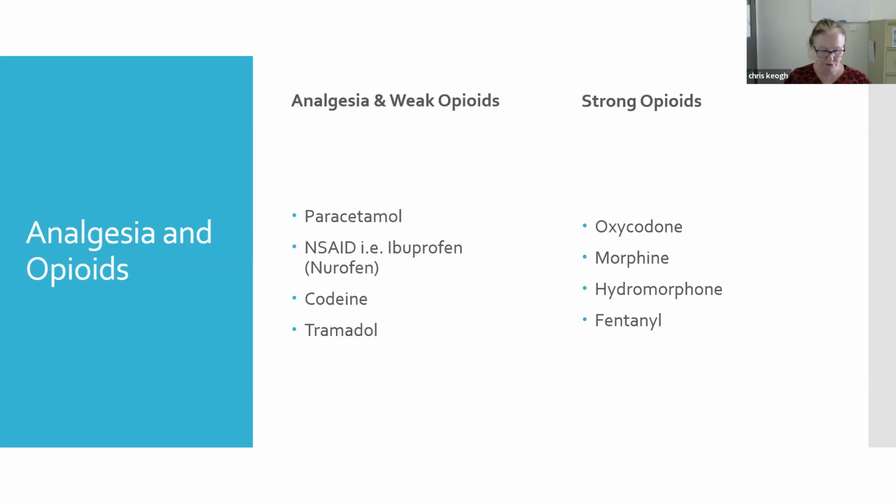Non-steroidal anti-inflammatories can also be used for moderate pain, something like inflammation or tissue damage. So sometimes we use that as an adjunct, as an addition to an opioid, we'll use non-steroidal anti-inflammatory drugs in bone pain, so often with cancer that might have gone to the bones.